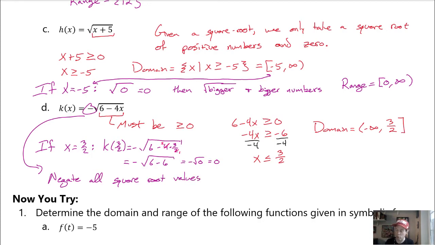And as x gets more and more negative, the square root values become bigger and bigger, because we're multiplying the negative x values by negative 4 and adding 6. And so when we negate all of these square root values that are getting bigger and bigger, we get that the range equals negative infinity all the way up to 0, including 0 and nothing else.